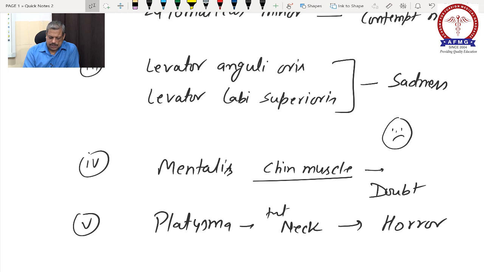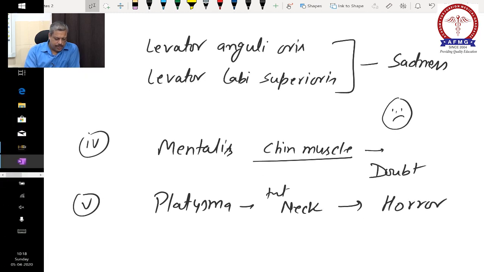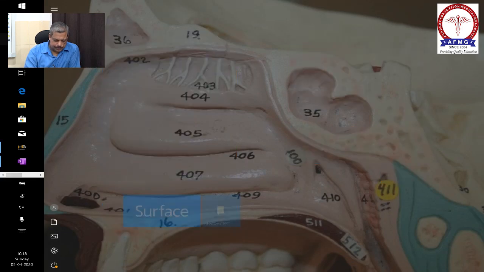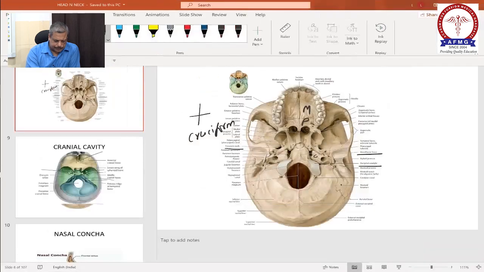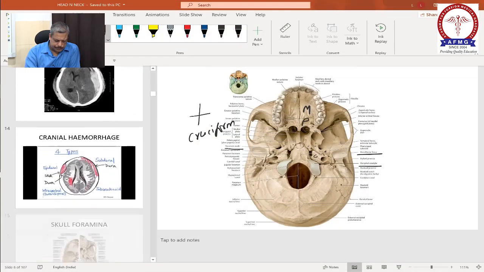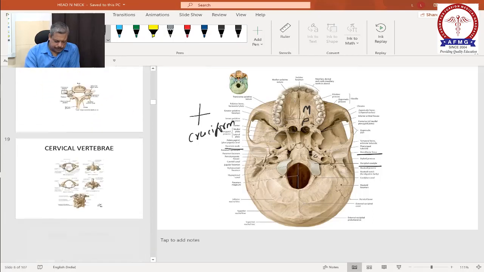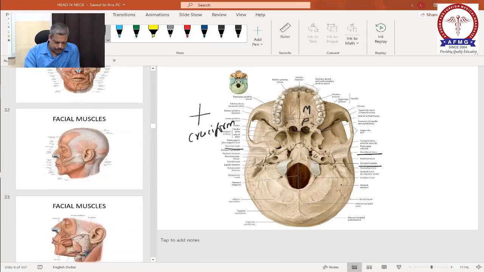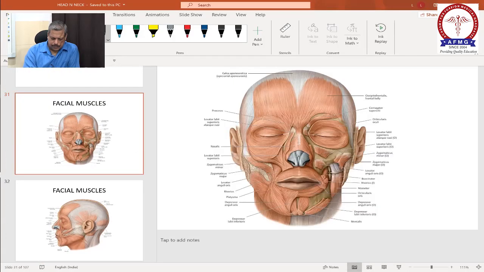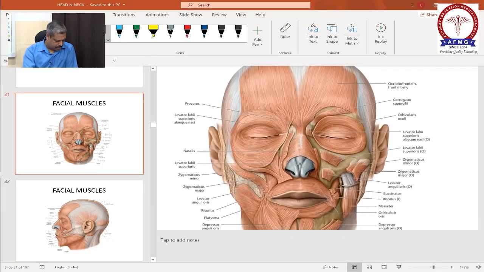Now we will see some images to understand these muscles. See here, please try to identify the muscles.